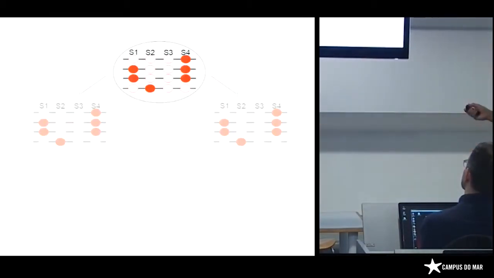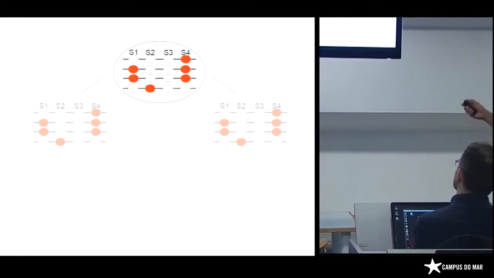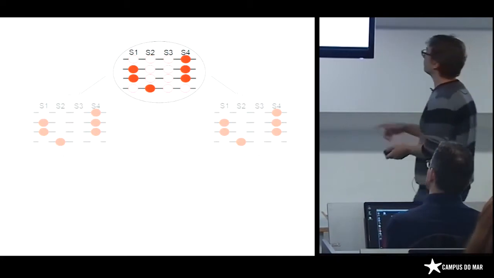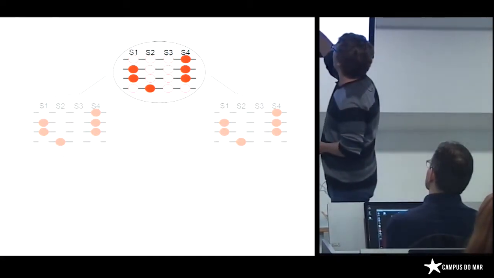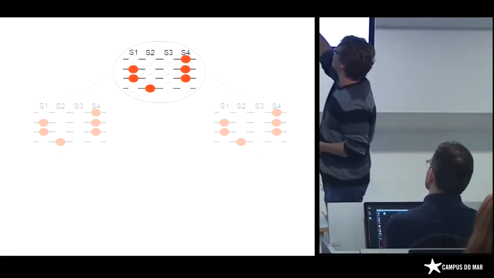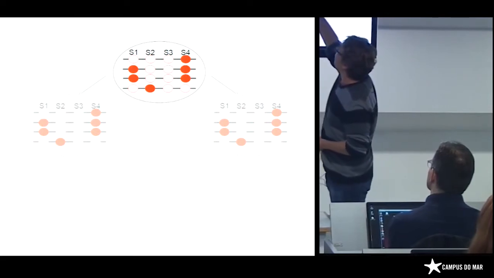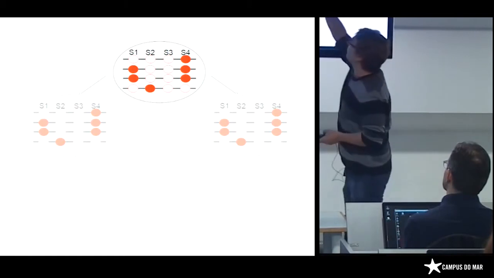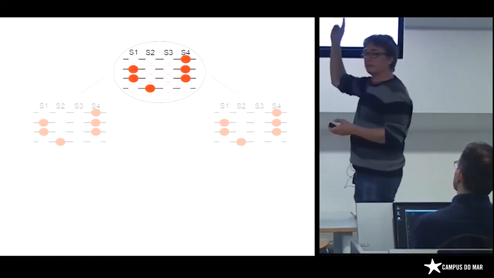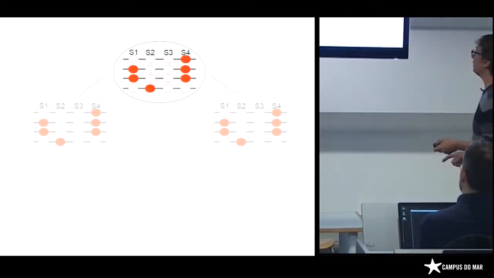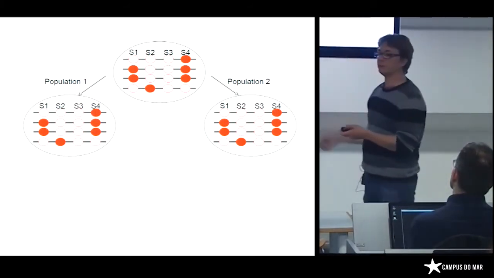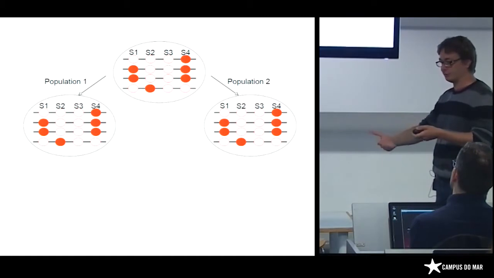Basically, when populations diverge, here you have 4 chromosomes in the population and 4 SNPs. It's an ancestral population that splits into 2 daughter populations, and so they have exactly the same composition at the moment of the split.